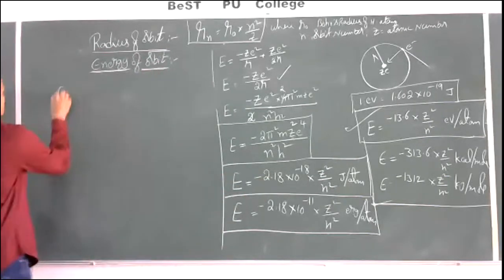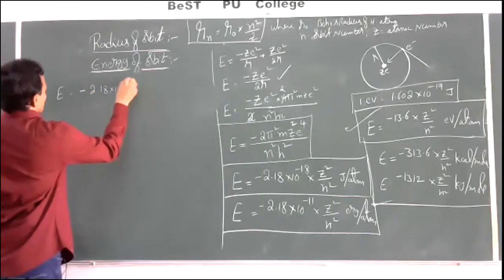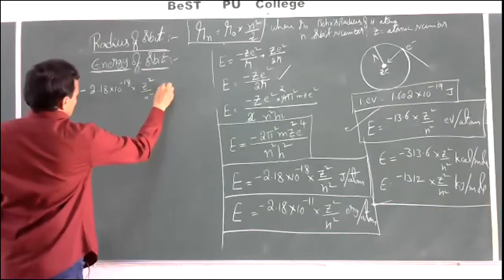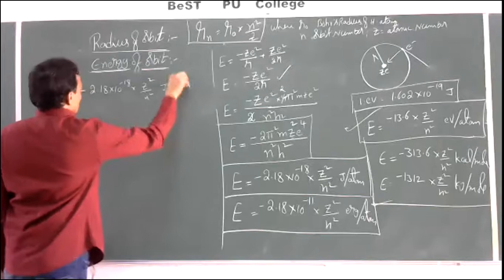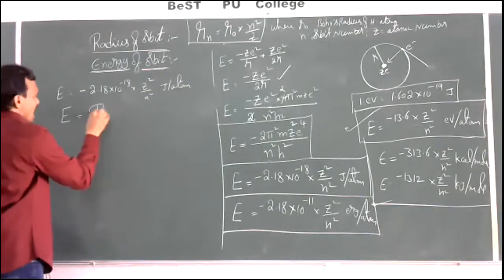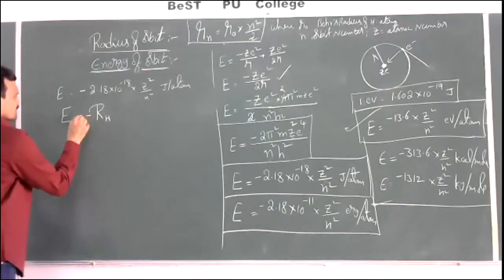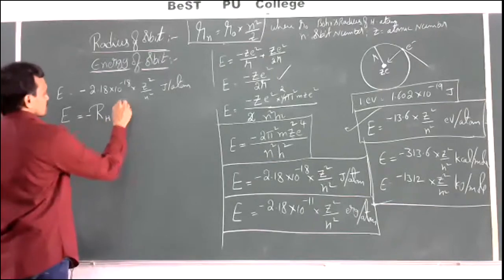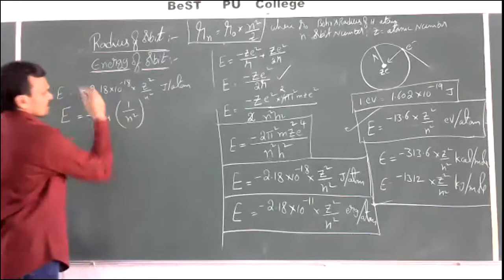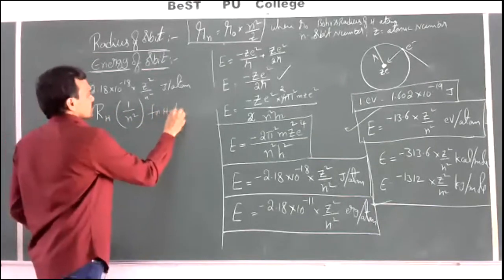E is equal to minus 2.18 into 10 to the power of minus 18 into Z square by N square joules per atom. And this is represented as E is equal to minus RH into 1 by N square for the hydrogen atom.